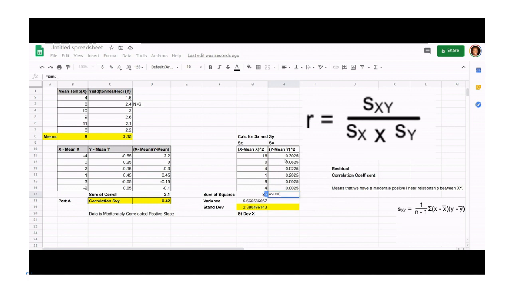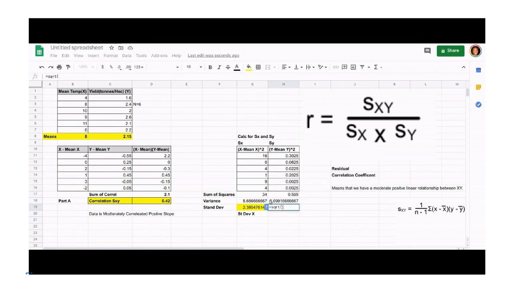Which equals the sum of everything above it. And hit enter. And you are ready to calculate the variance of y. And so the variance of y is just 1 divided by, you guessed it, 6. And then for the last part, we have to square root our values. So we go equals 1 divided by 6.